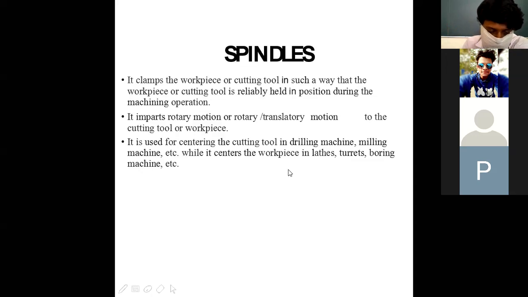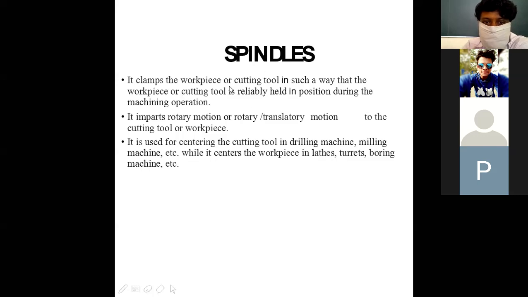Now we must go to the next point, which is called spindles. Spindles are used in traditional machines, NC machines, CNC, everywhere. A machine must have a spindle to provide facilities, so let us see what they say about the spindle.